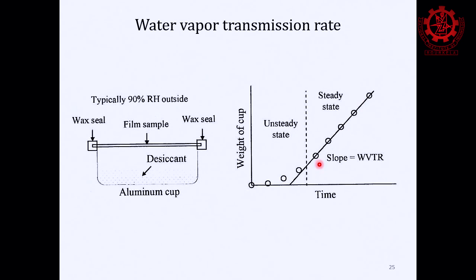After some time you will see steady state conditions, it keeps on absorbing the same amount of water, and that slope gives you the water vapor transmission rate. Of course, this gives you how much weight change with time, but if you divide it by the surface area, then it gives you the water vapor transmission rate in grams per meter square per day, or whatever time unit you have on the x-axis.